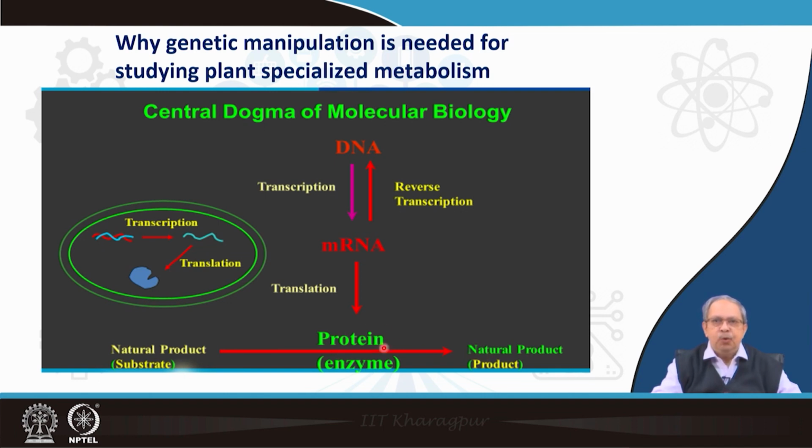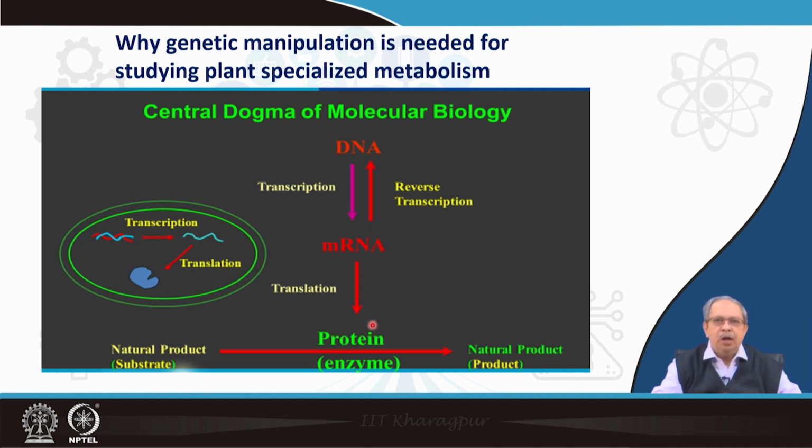Now, the enzyme protein is a part of the central dogma of molecular biology, which says that DNA makes RNA, RNA makes protein. So there is a gene which codes for a particular protein. The gene first undergoes transcription, as a result of which messenger RNA is produced, and that messenger RNA is subsequently translated into the protein.